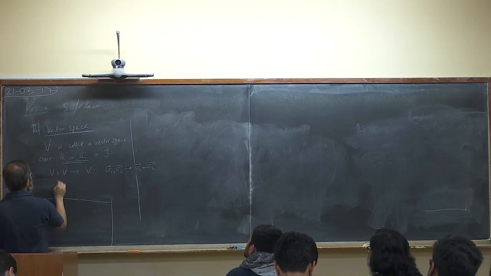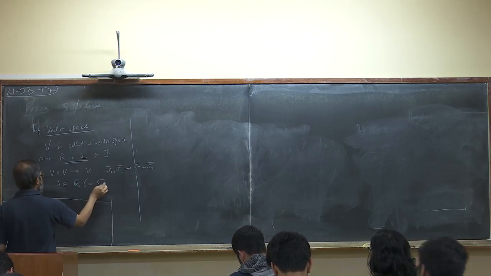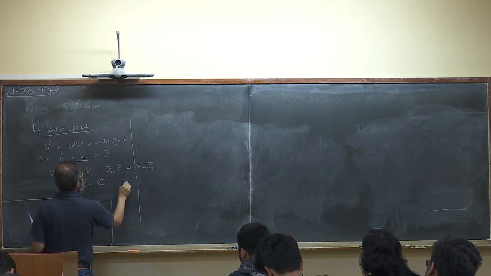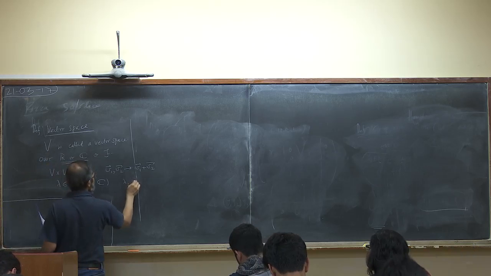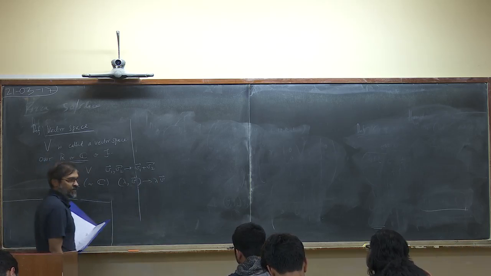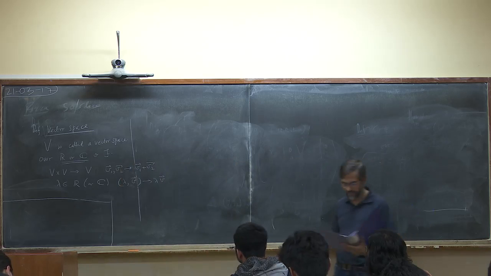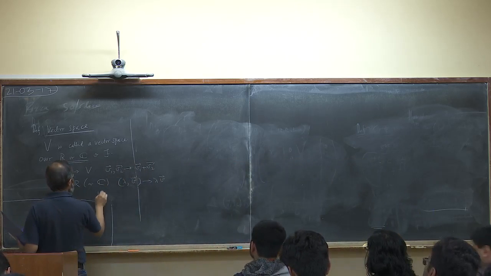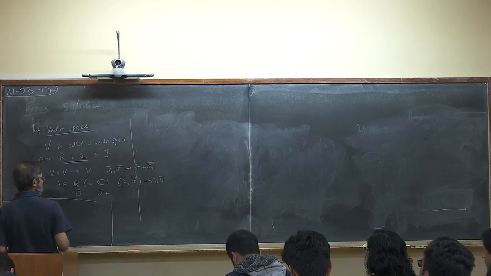So if there is, then it can take one element from this, another element from the vector space, and you can multiply a vector by a real or a complex number, giving you another vector. And it has an identity, that's called 0 this time.